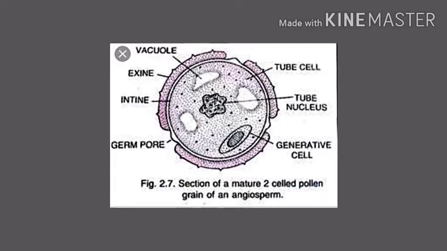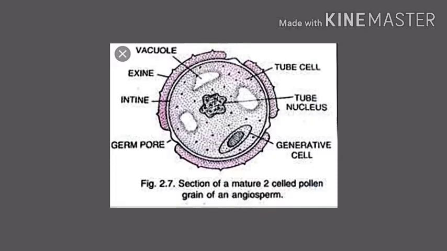The anthers are always various in shape. They may be linear, they may be rounded, they may be sagittate, they may be reniform. The anthers dehisce to liberate the pollen grains or microspores.